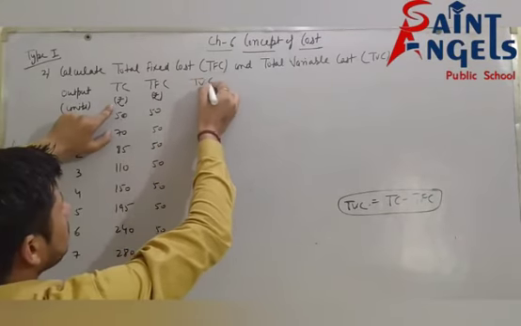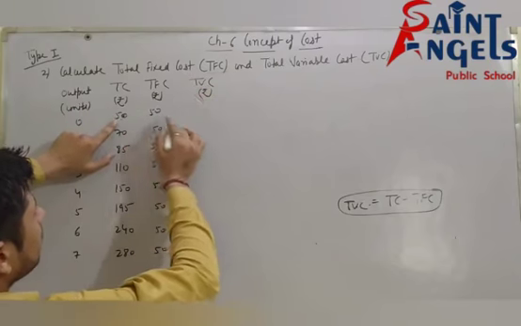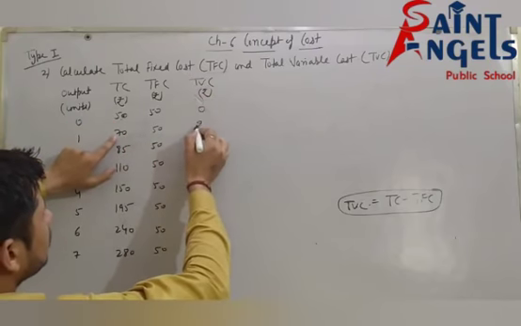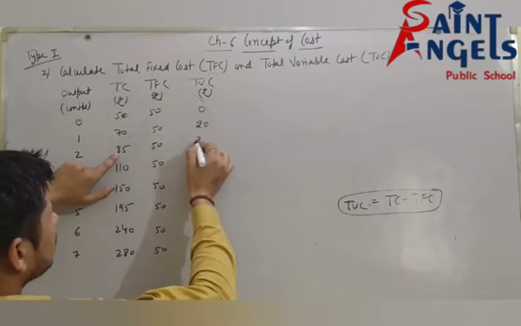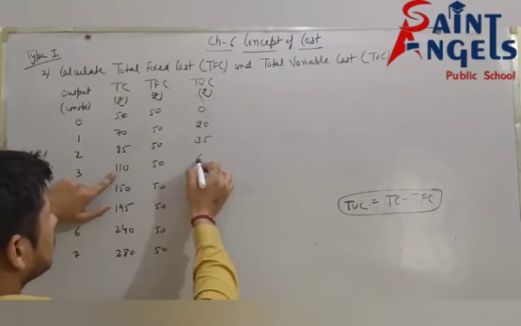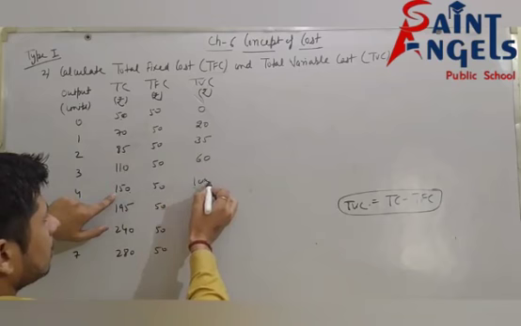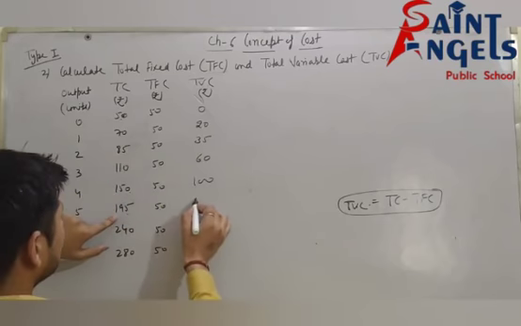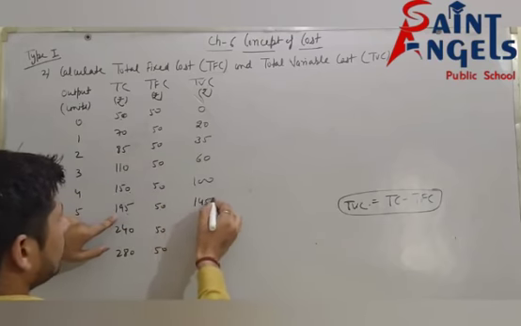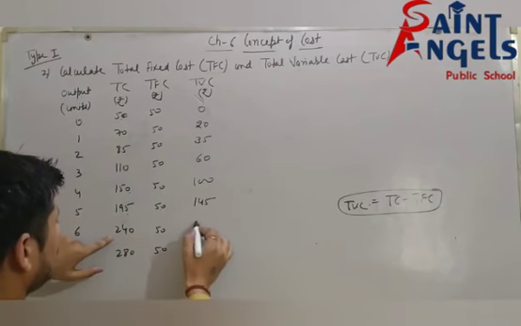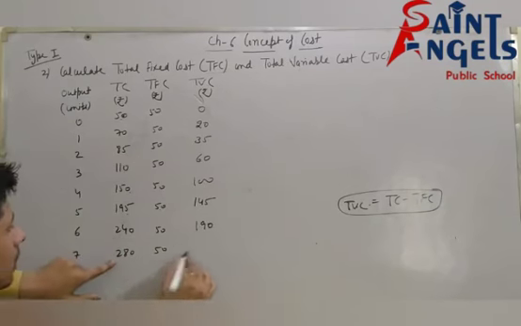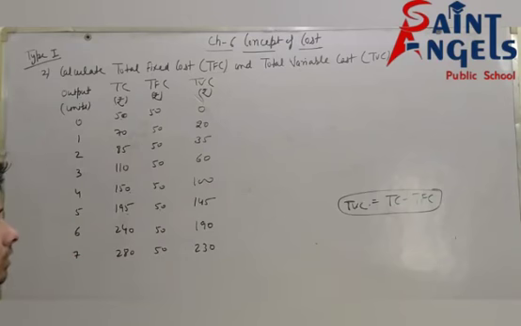TC minus TFC: 0, 20, 35, 60, 100, 145 and 190. So I hope all of you have understood how you will calculate a numerical question of type 1. So please pause the video and note down this.